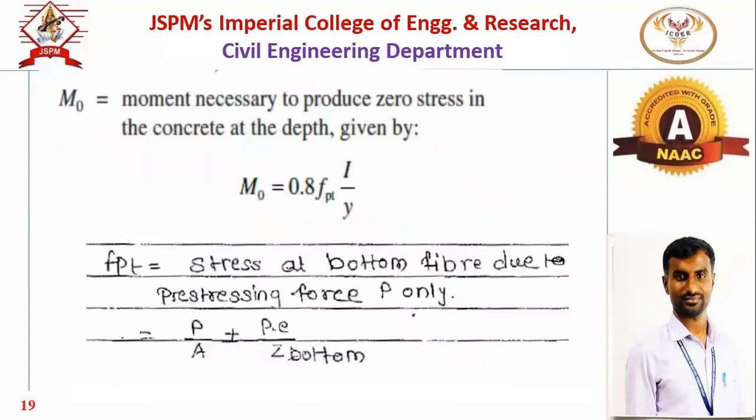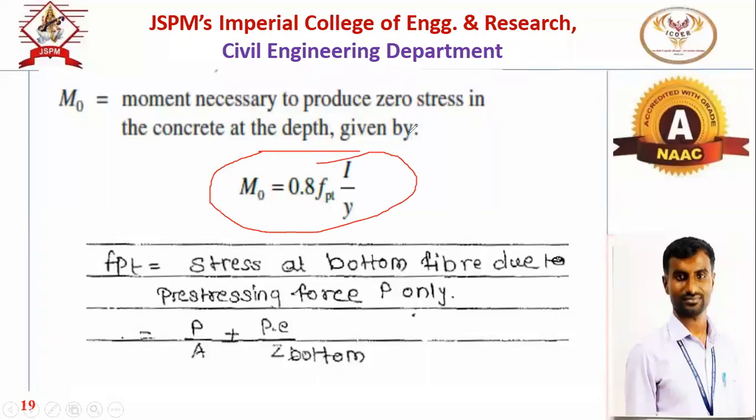So now we will see what the different terms are. Now here, M naught is the moment necessary to produce zero stress in the concrete at a depth, which is given by this equation.